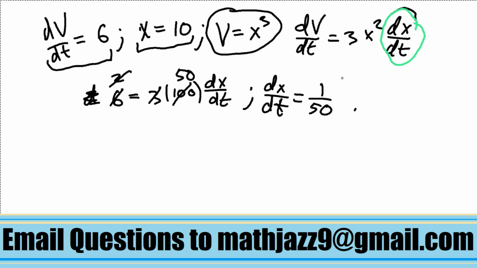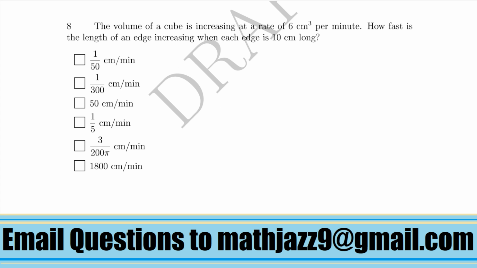Okay, so in this situation, we have a cube that's expanding with time, okay? So the input variable is time, and the output variables are the length of the side and the volume of the cube. The volume equation has both the volume and the side length in it.